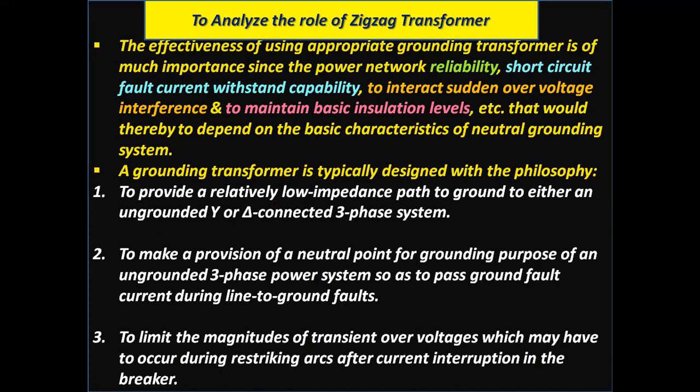Two, to make a provision of a neutral point for grounding purposes of an ungrounded three-phase power system so as to pass ground fault current during line to ground faults. Number three, to limit the magnitudes of transient overvoltages which may occur during restriking arcs after current interruption in the breakers.